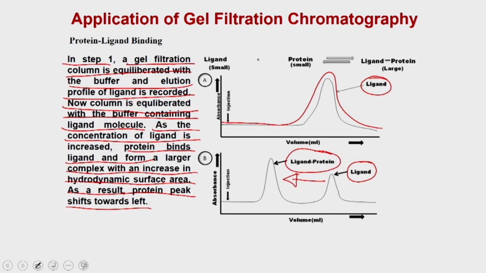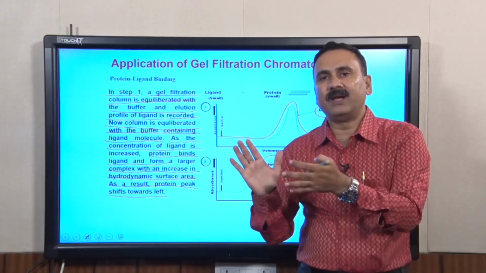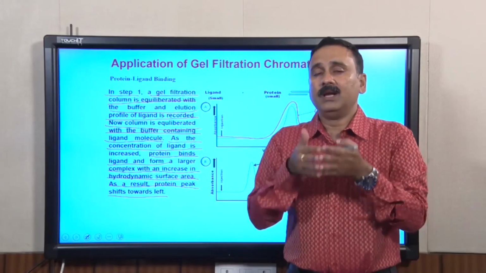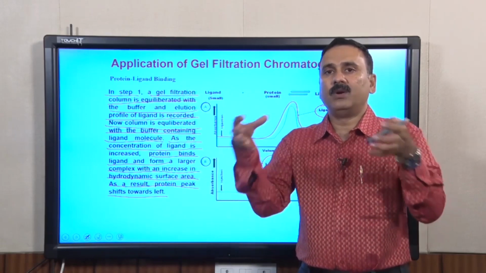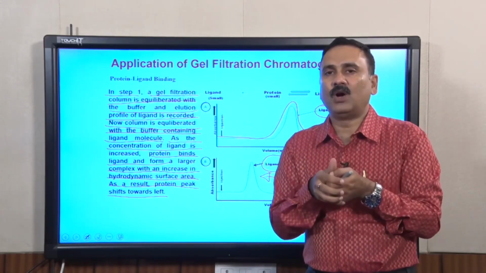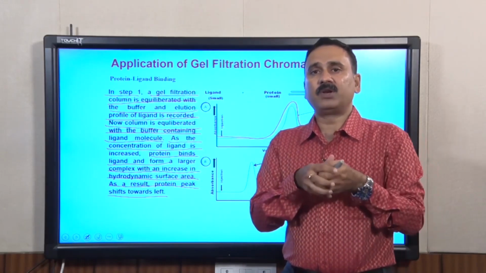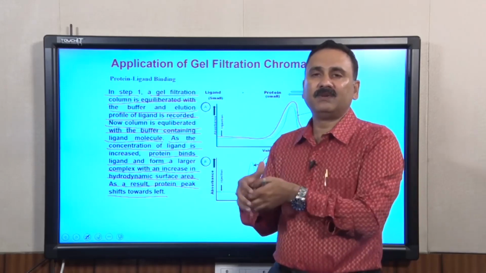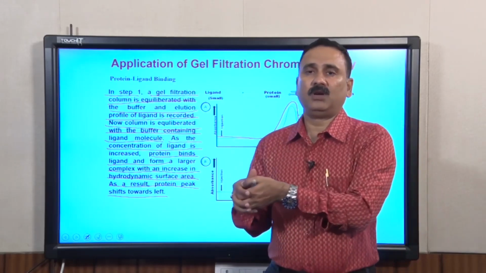And you can actually calculate the dissociation constant, simply because after some time it is not going to migrate, and that is the place where it is going to saturate. So, the number of ligand molecules which are going to bind this particular protein is fixed. Suppose you are resolving 1 micromolar of protein, and the stoichiometry of interaction between the protein and ligand is 1:10, then it is going to interact with up to 10 micromolar of the ligand.